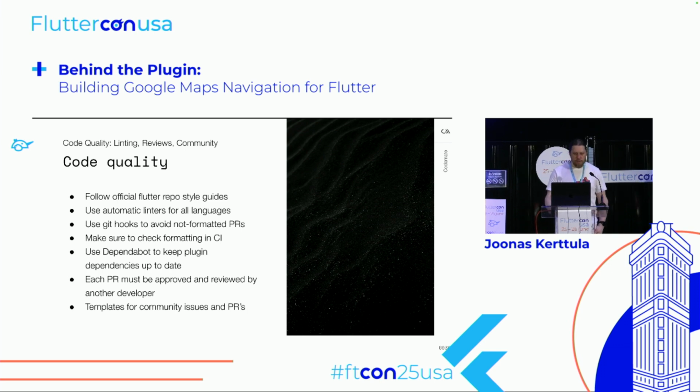Mostly you should not use the default template because people don't give enough information. When you use these templates, you can have different text fields for different information, ask certain data for developers. For example, Flutter doctor output and code samples and what version of the plugin they have used and things like that, which helps a lot to find out what's behind the issue to start with.